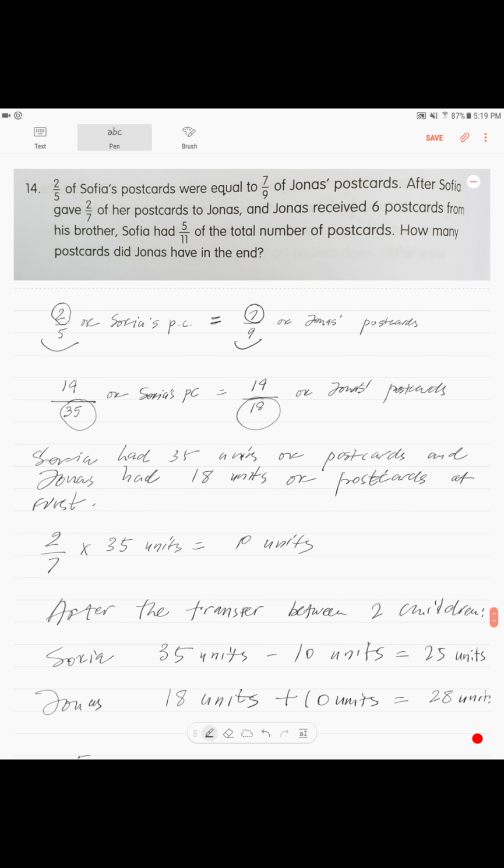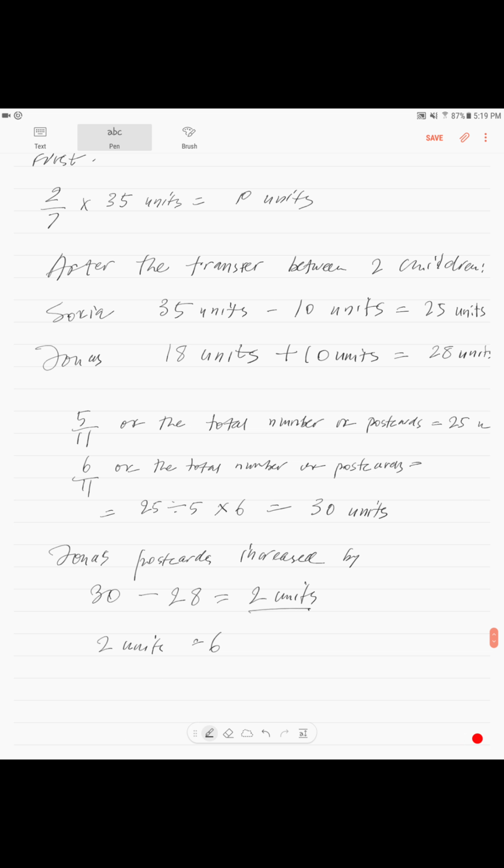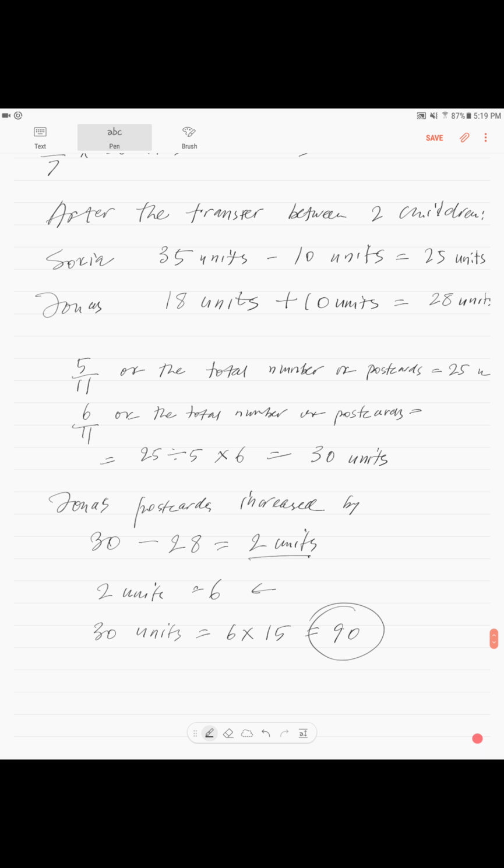Jonah received 6 postcards, right? From his brother. Okay? So 30 units is 6 times 15. And it's gonna be 90. That's your answer, right? Jonah had 90 postcards in the end.